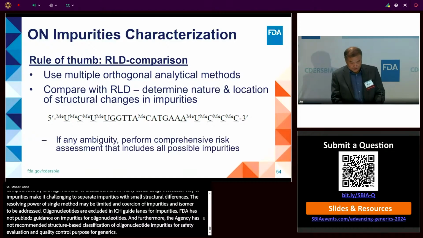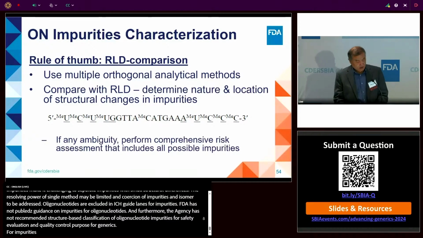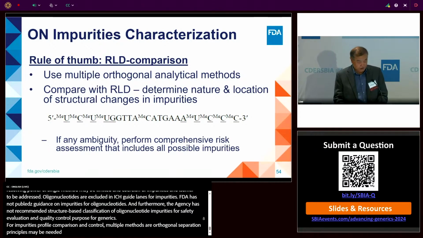For impurity profile comparison and controls, multiple methods with orthogonal separation principles may be needed to address the co-elution issues. The nature and location of the structural change in the impurities need to be determined.